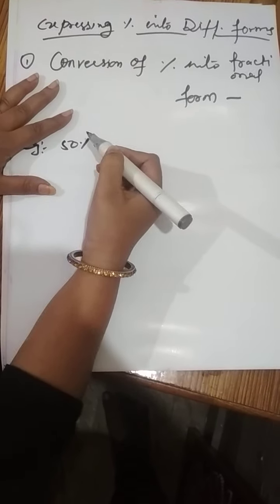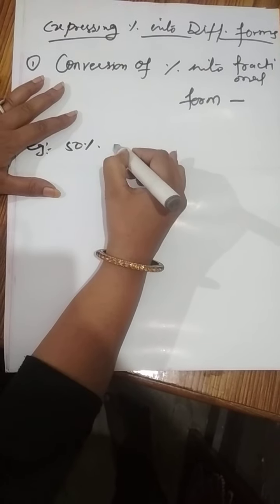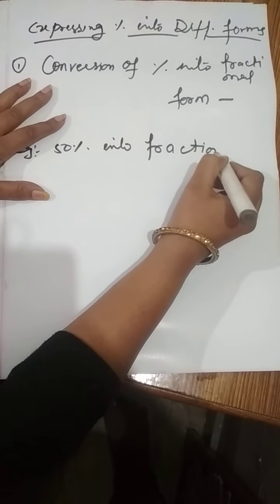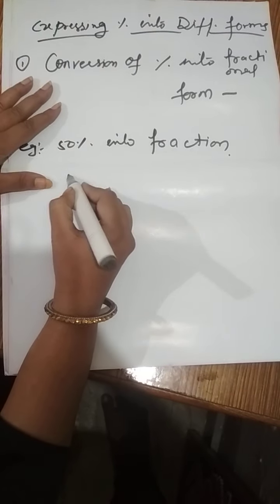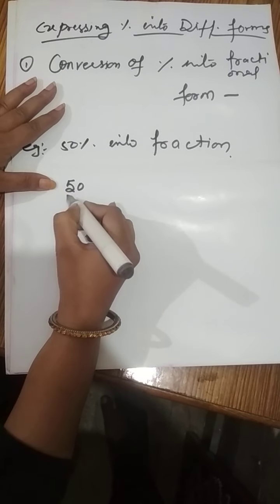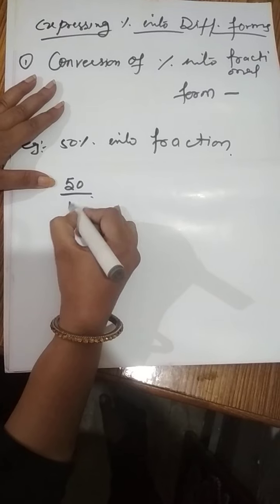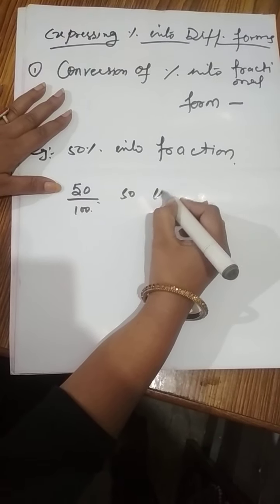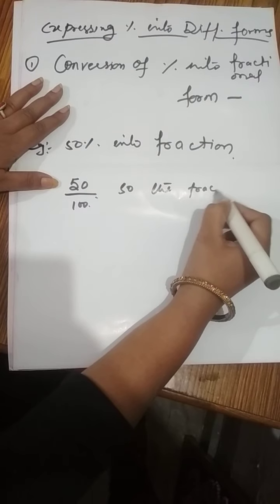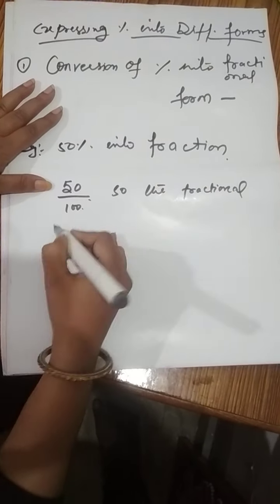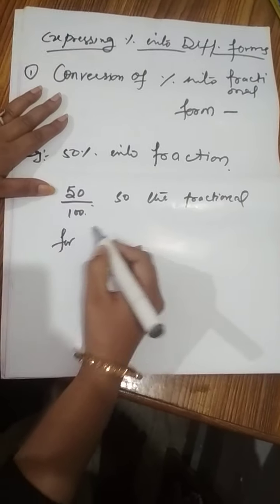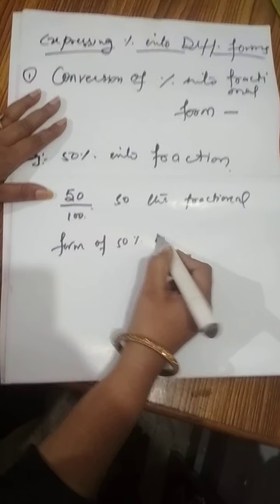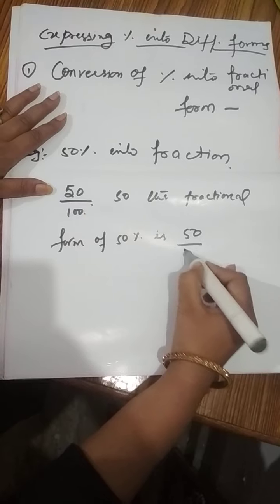50%. You have to convert this 50% into a fraction. See how you will convert. 50% means 50 upon 100. So the fractional form of 50% is 50 upon 100.